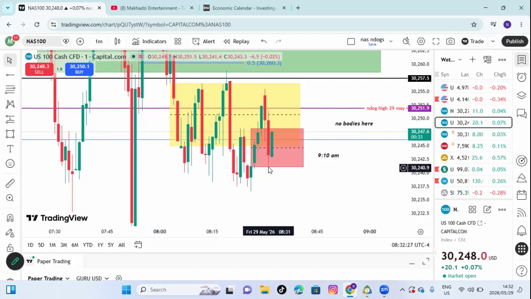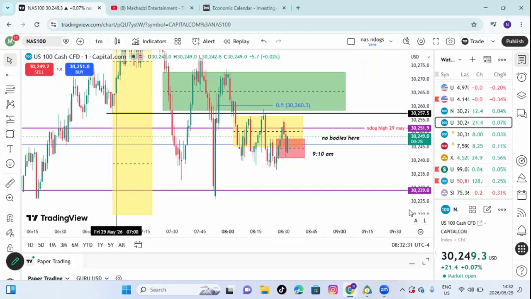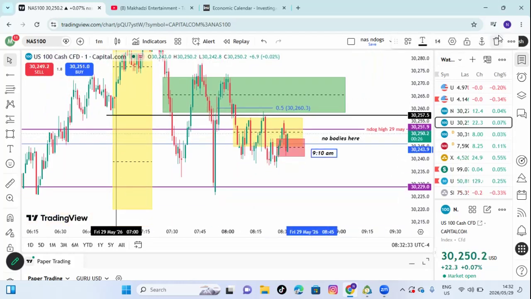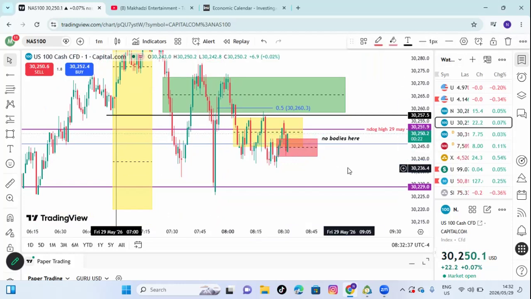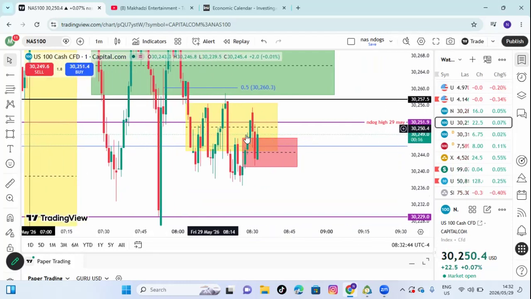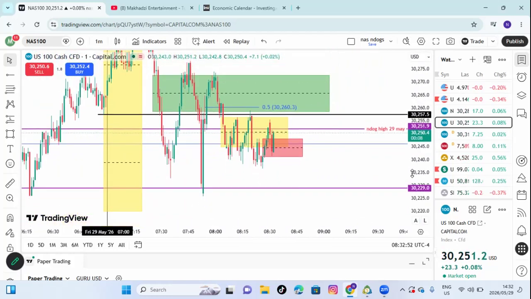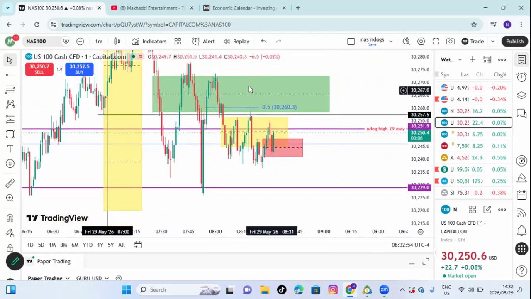Let's see now. That's the time the Fed is coming. Okay, now I'm gonna delete that because all of this is saying I should wait, because I was trading off this, right?